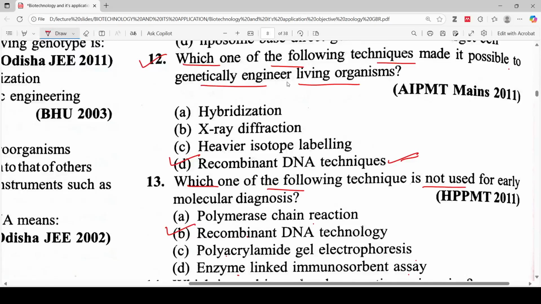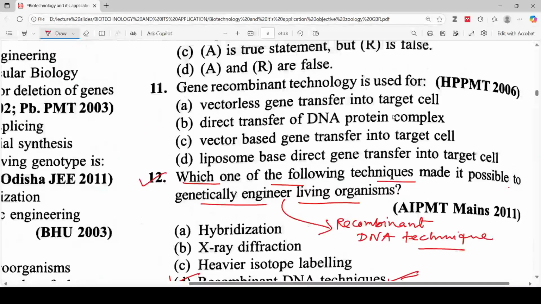So genetic engineering of living organisms is done through recombinant DNA technique or technology.